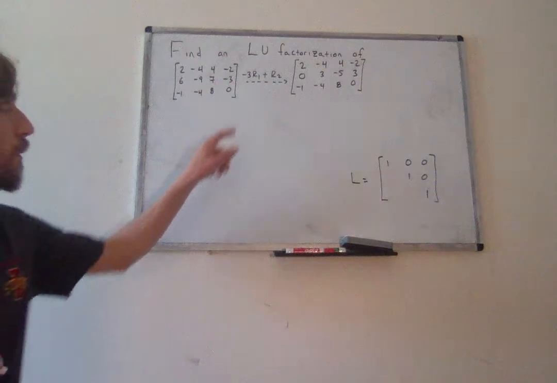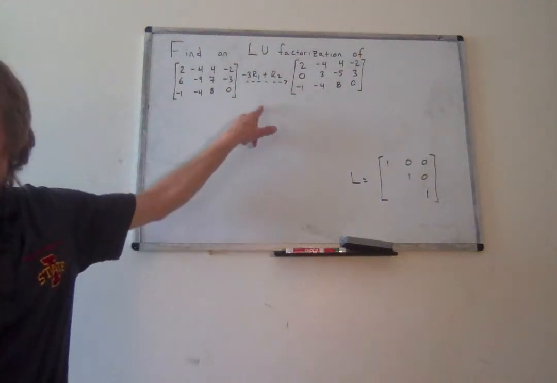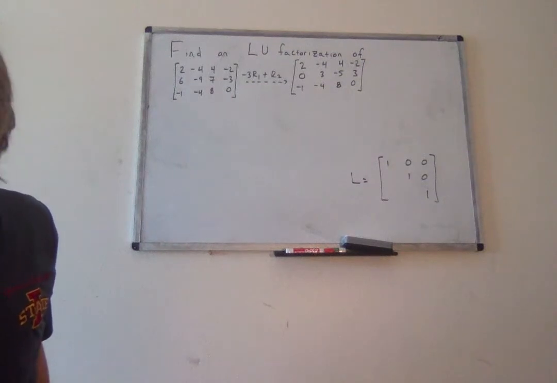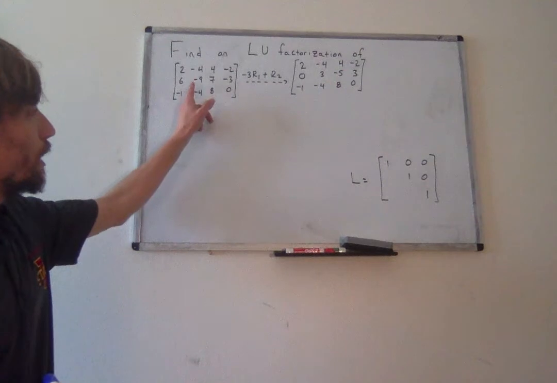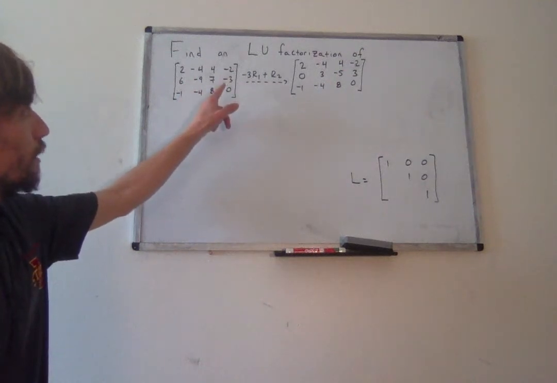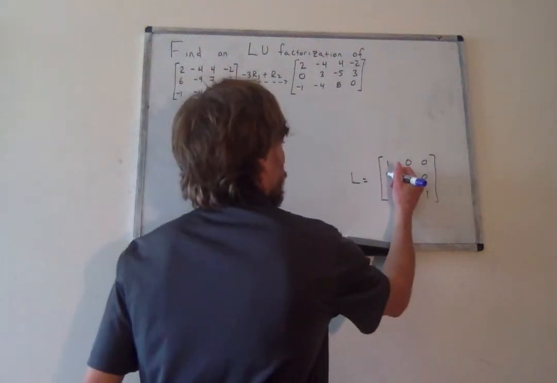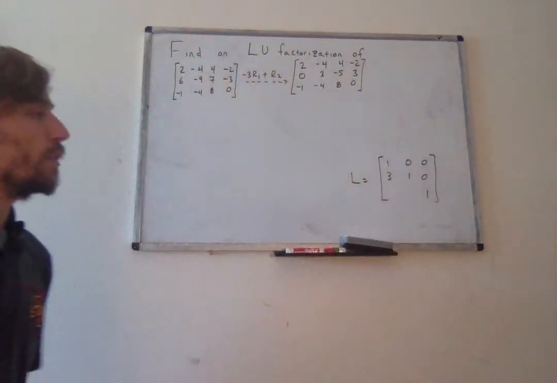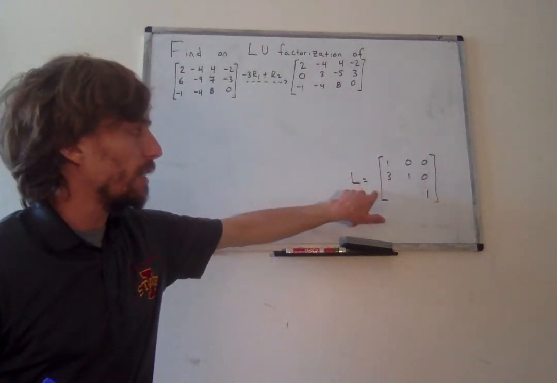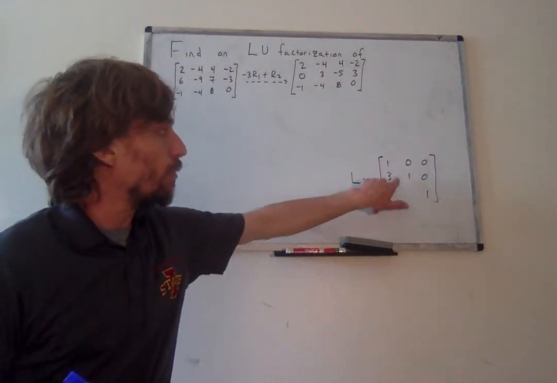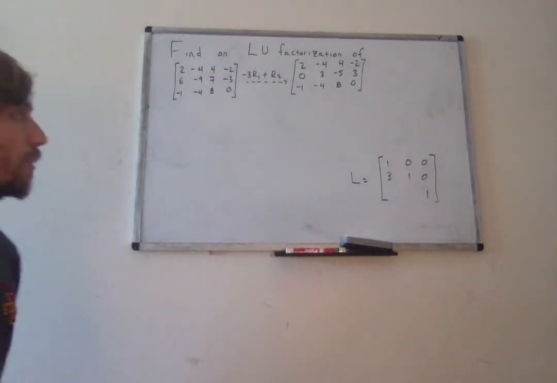The opposite row operation to get from here to here would be 3R1 plus R2. And so what I want to fill in here is a 3. Because notice, to transform this matrix into the identity, I would want to get rid of whatever these entries are, and this row operation will get rid of that 3.